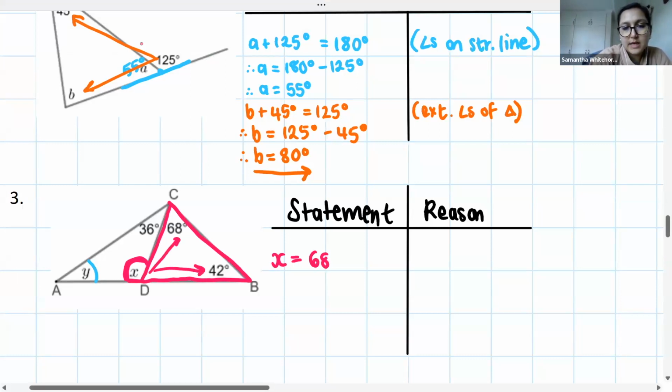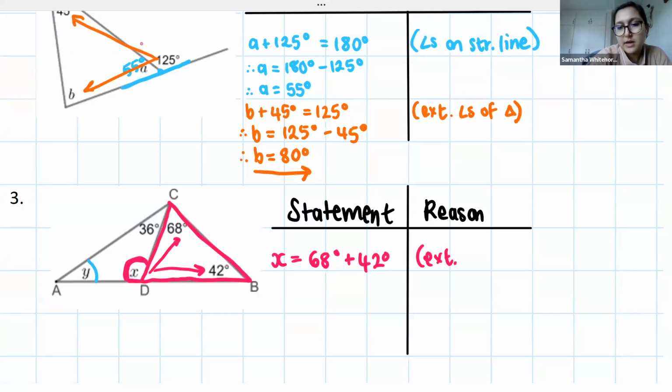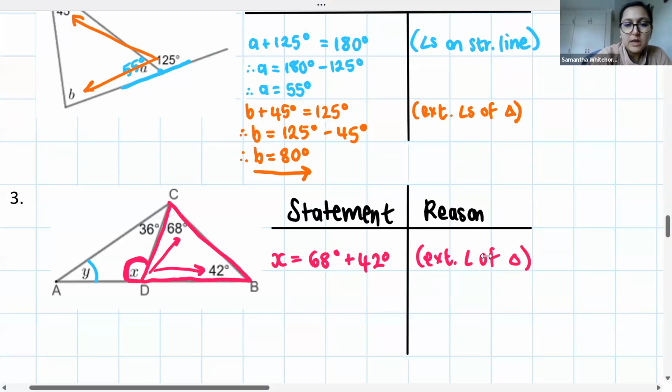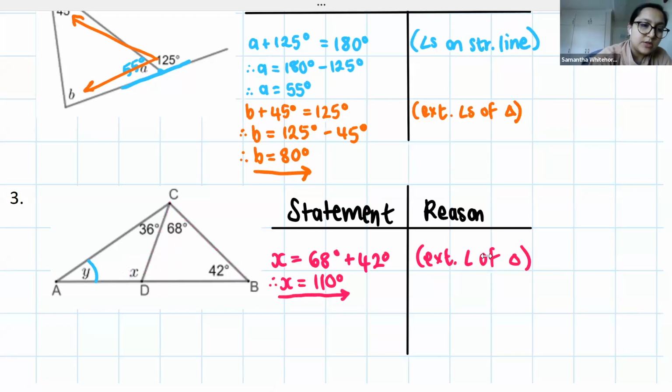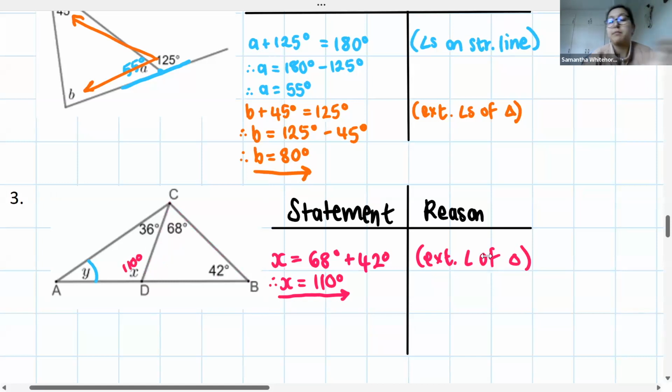So 68 plus 42. My reason, exterior angle of triangle. Right, when I add 68 and 42 together, I get 110 degrees. So here, X is equal to 110 degrees, and I'm going to put that on my diagram because now I've got that information, it might be helpful to me.